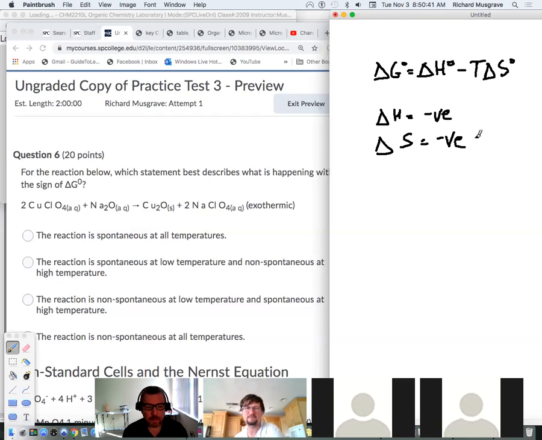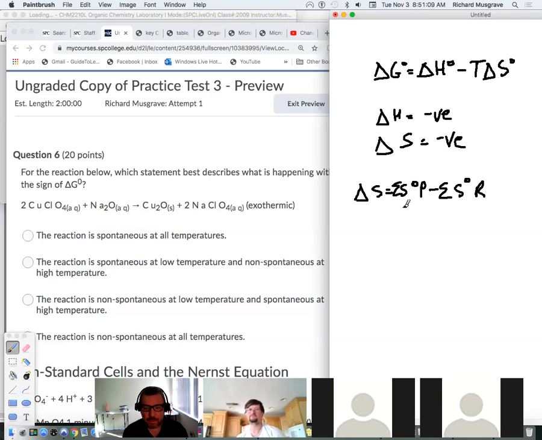So if the solid is on the right side, it's going to be a positive value for delta S. If solid is on the left side, it's always going to be negative, because it means entropy is decreasing going from the reactants to the products. And if you remember the equation for delta S, it is the sum of S naught of the products minus the sum of S naught of the reactants.